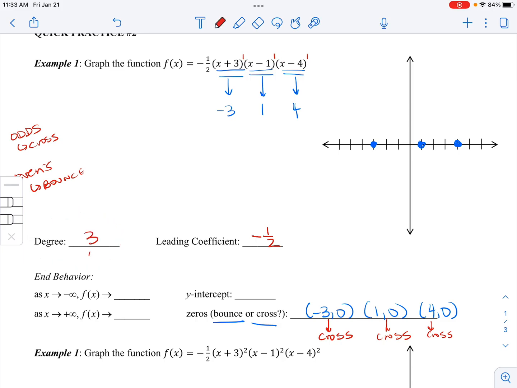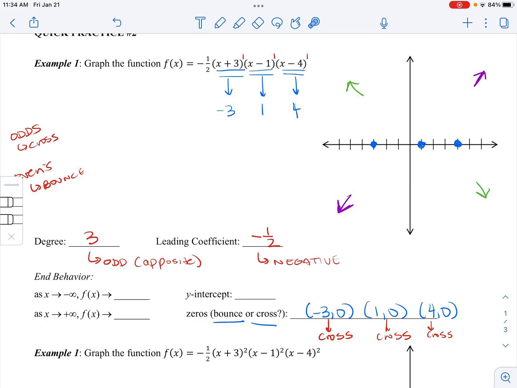What we care about here is whether it's even or odd, and what we care about here is whether it's negative or positive. Remember, for the exponents we only care if they're odd or even, and for the numbers in front, whether they're positive or negative. Since the degree is odd, odds tell us that the arrows face opposite ways. We're either in green, where you start high and come down, or in purple, which starts low and comes up.